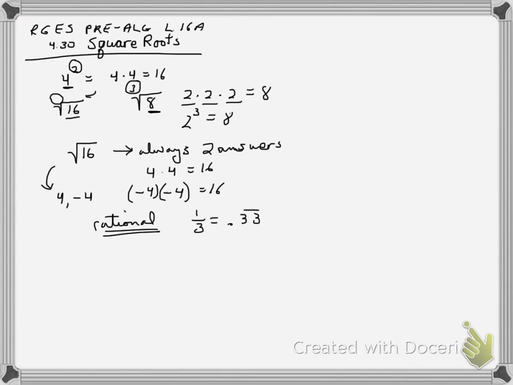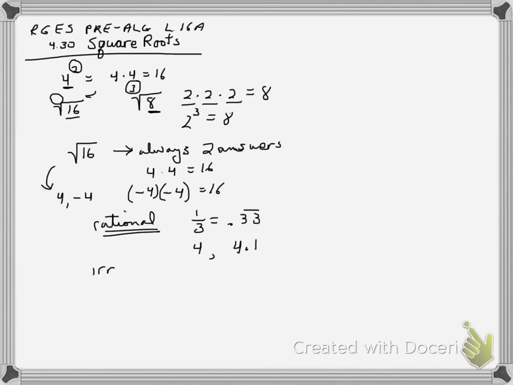Rational numbers include integers and terminating decimals. All of these are rational numbers.